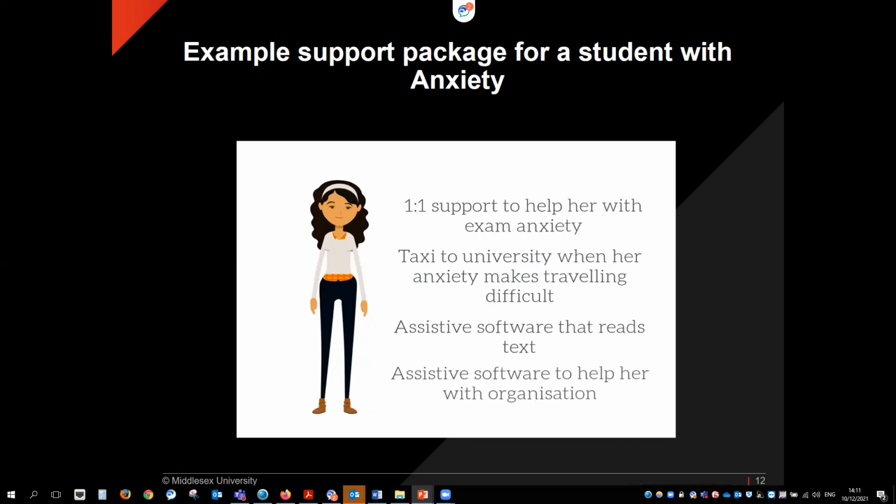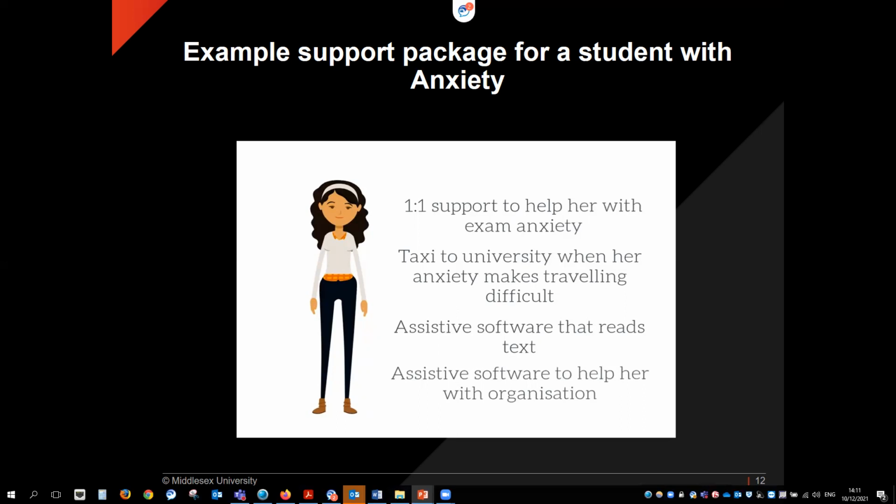And this will be covered through the DSA, but the student will have to make a contribution to the extent of the public cost expense. So, for example, if the student usually takes a bus, they would have to pay the equivalent of a bus ticket to use the taxi service.